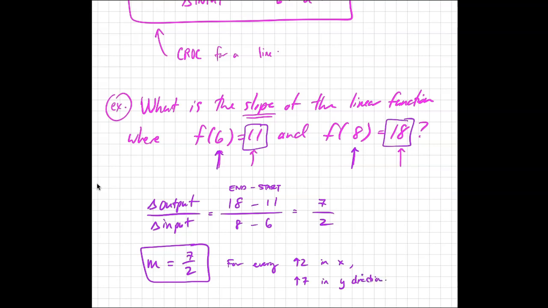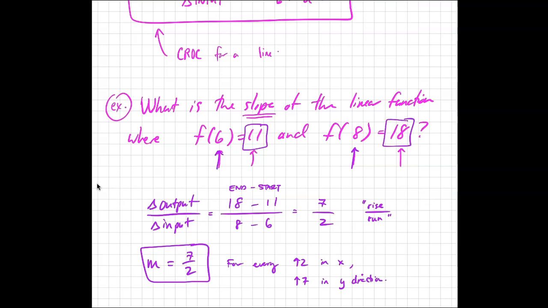And remember that this slope, this change in the output over the change in the input, you hear referred to a lot as the rise over the run. Rise is how high the function goes based on how far over you're moving with your independent variable. So change in the output over change in the input is the rise over the run.